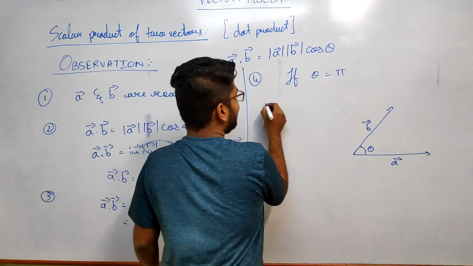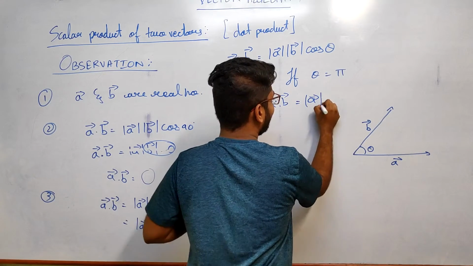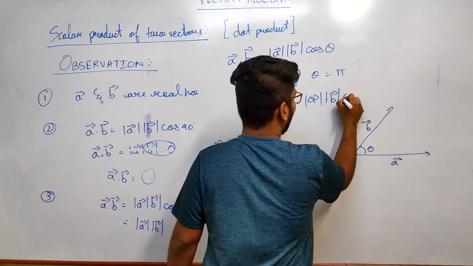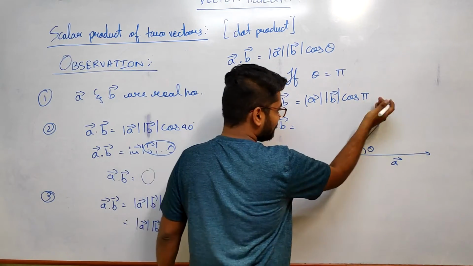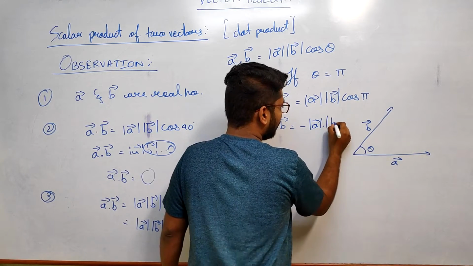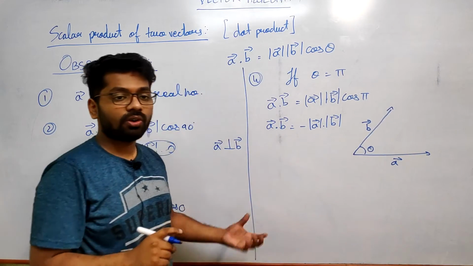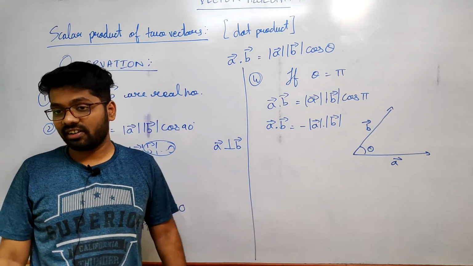So therefore a bar dot b bar is equal to modulus of a bar modulus of b bar cos 180, cos pi. What is the value of cos pi? Cos pi is -1, so it will be negative of the magnitude. If you take the magnitude of both and multiply, your value will be negative.